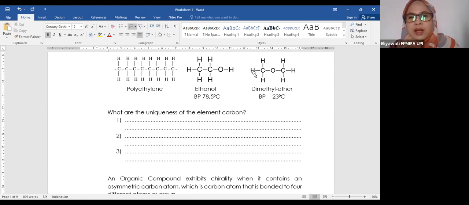Can the carbon element form ionic bonding? We can, because we know that not only covalent bonding, but there is also ionic bonding.